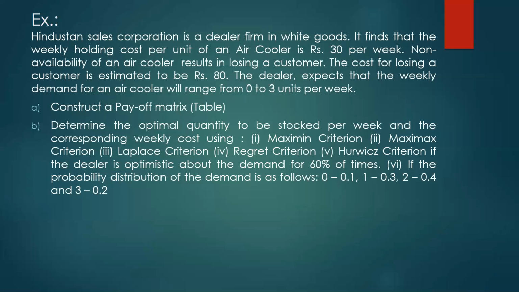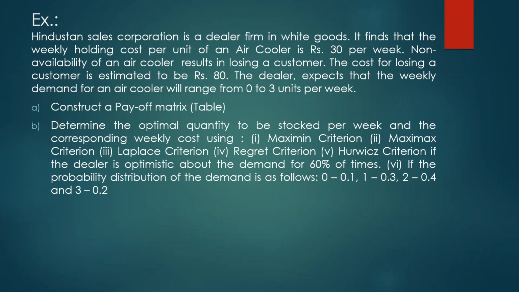If there is a zero demand, then stocking 0 units, or no units, will be one of my strategies. Okay, so like we have 4 states of nature, we will also have 4 strategies depending on the stocking. So whether I should stock 0 units, 1 unit, 2 units, or 3 units.